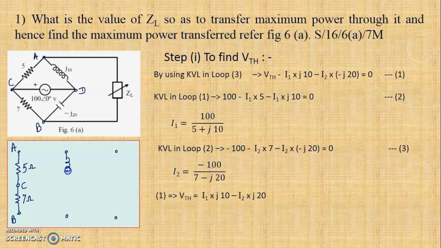So this is terminal D. Now in between A and D, we have the inductor whose value is J10 ohms. Then between D and B, where this terminal is B, a capacitor of minus J20 ohms is present.